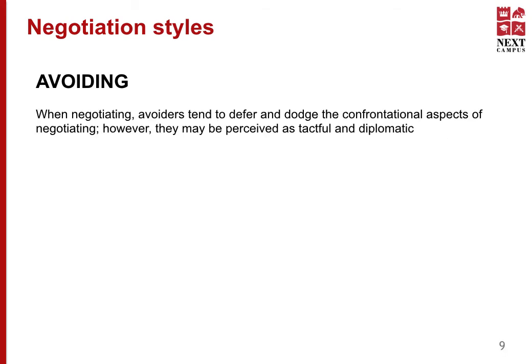Avoiding. The avoiding style of negotiation is the most unhealthy of them all. These are individuals who do not like to negotiate and don't do it unless warranted. When negotiating, avoiders tend to defer and dodge the confrontational aspects of negotiations. However, they may also be perceived as tactful and diplomatic, although this is not the case.